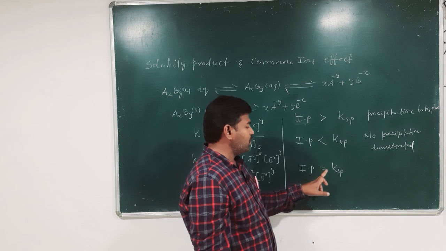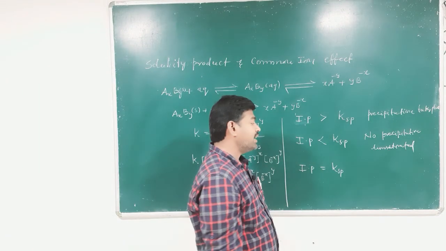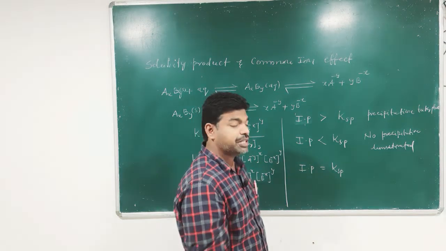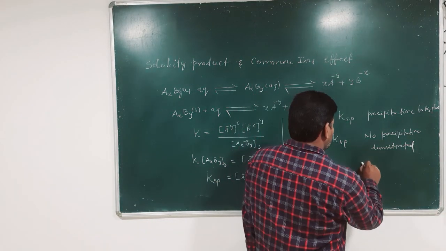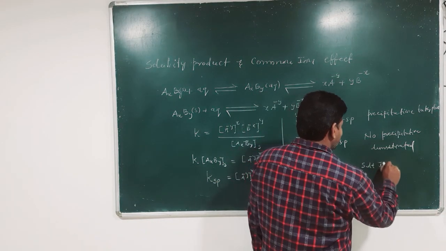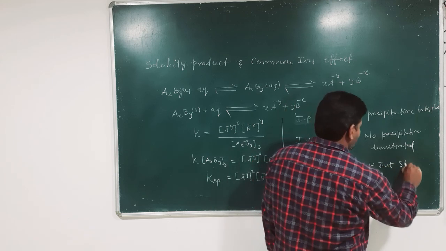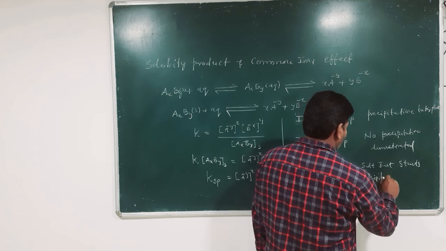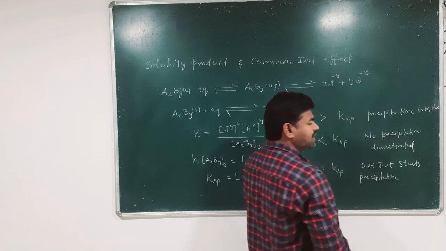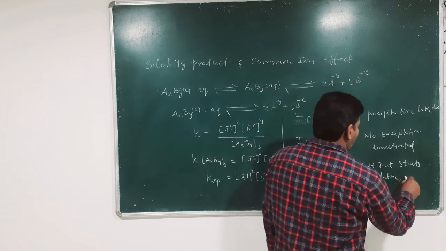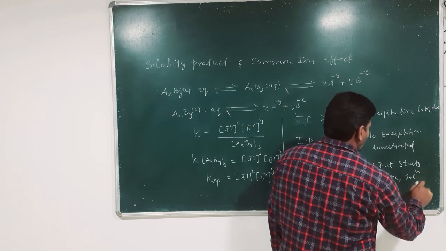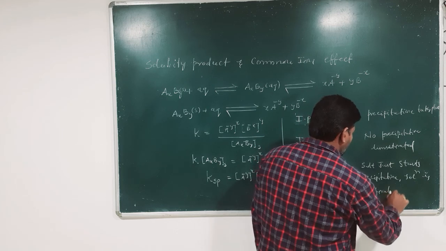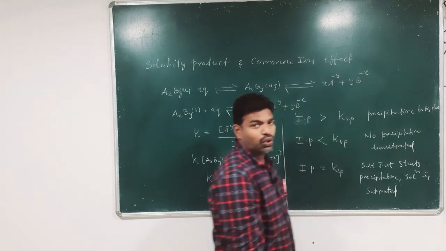When ionic product is equal to solubility product, in this case the salt just starts precipitation and the solution is saturated.